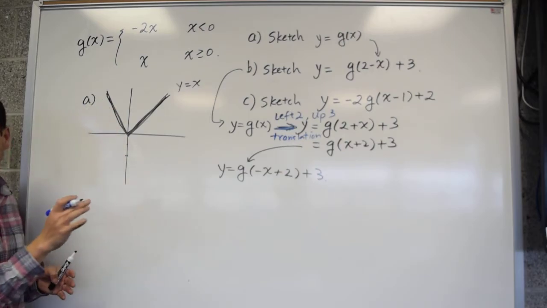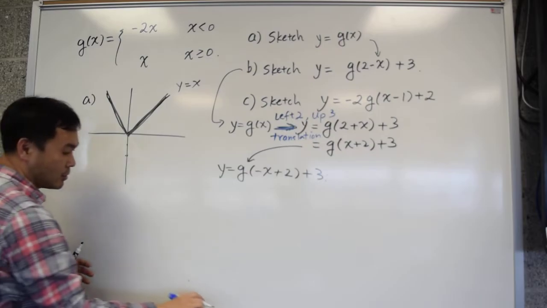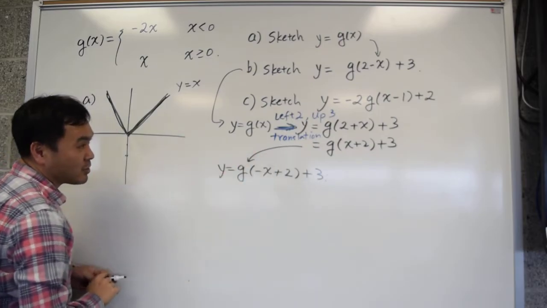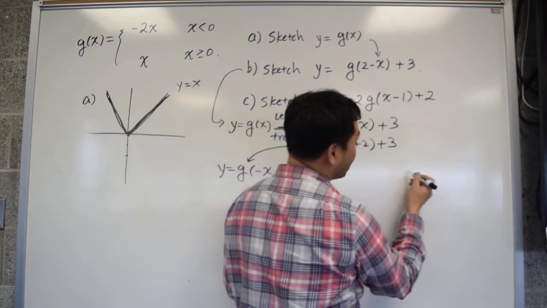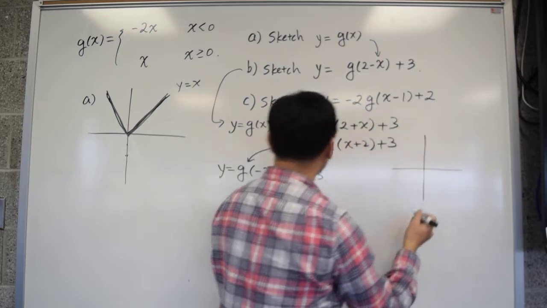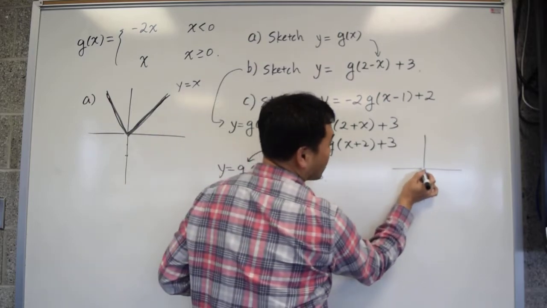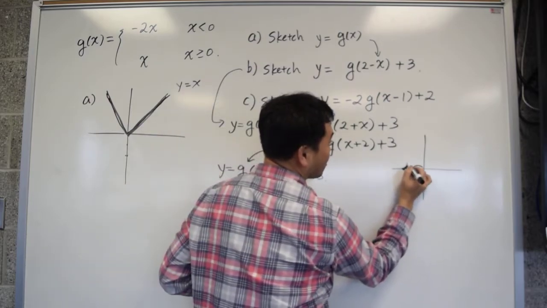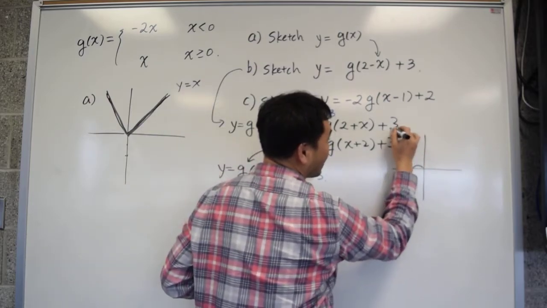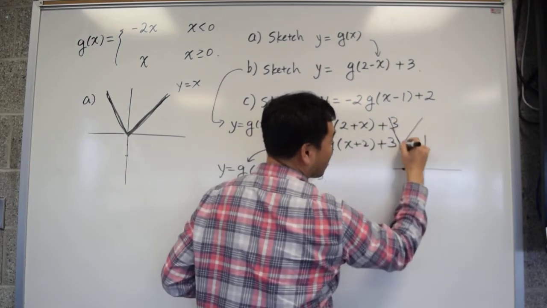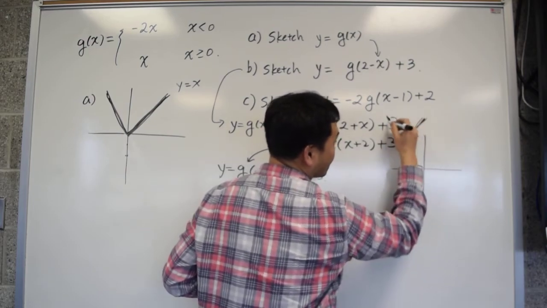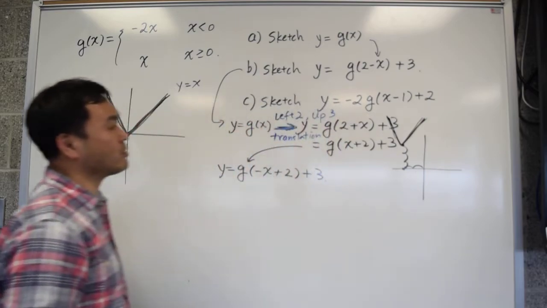So the origin shifts 1, 2 steps left, and then 1, 2, 3 steps up, and you get this crooked V shape. That's the graph.